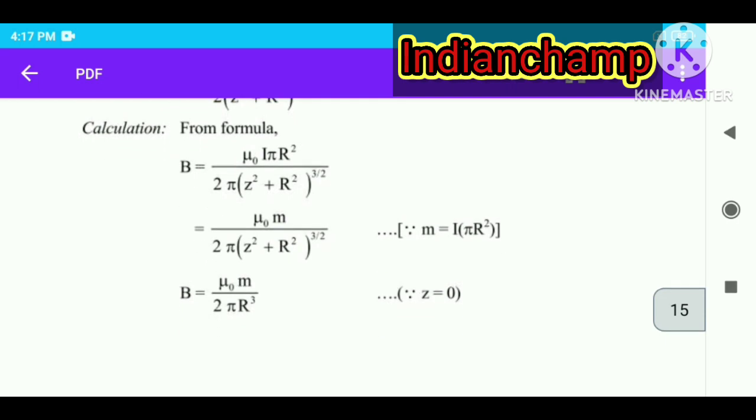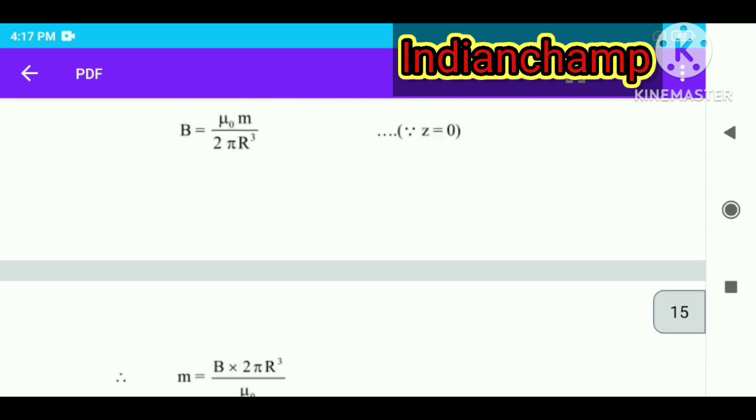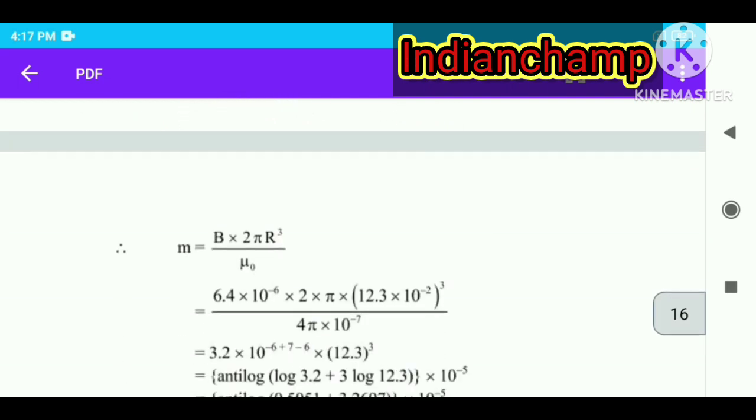B is equal to μ0 M divided by 2πR³ when Z is equal to 0. Therefore, M is equal to B × 2πR³ divided by μ0.